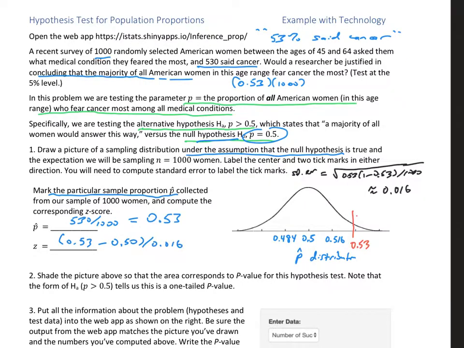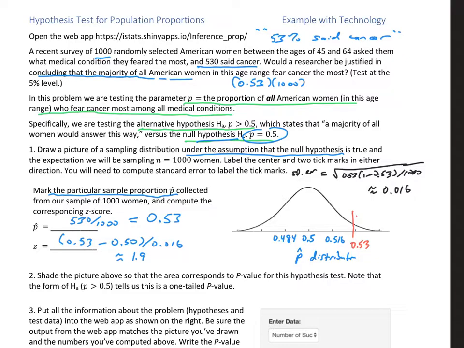So if I do that calculation, I'll get approximately 1.9 as my z-score, which means I'm not quite to the second tick mark. And if you look at my picture where I drew the 0.53, that's about right. So I'm past the first tick mark, not quite to the second tick mark. That's what the z-score tells us: which tick mark you're close to.